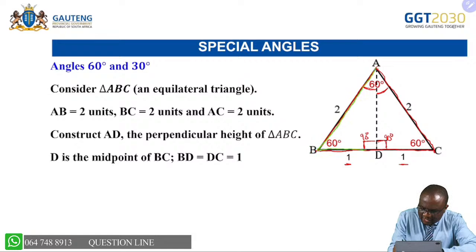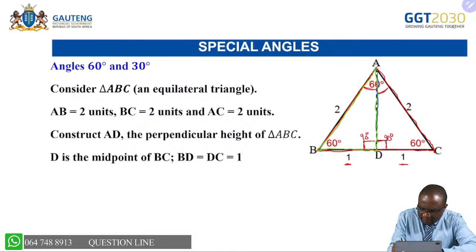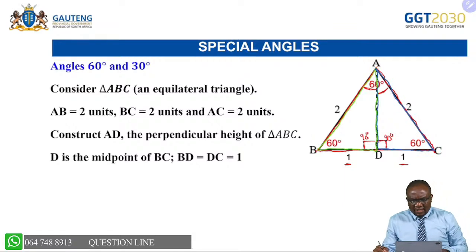It's a right angle triangle there. And then there's another one. This one. You see that? There are two right angle triangles there. There's ABD and ADC.